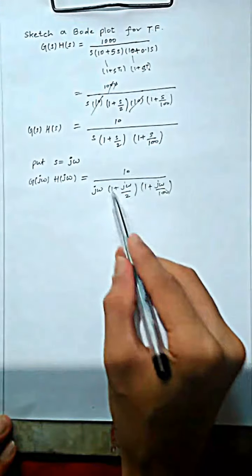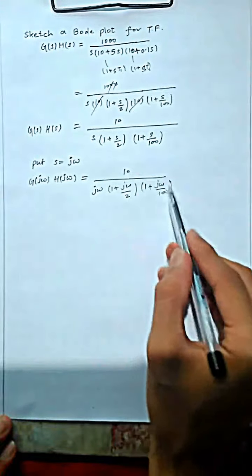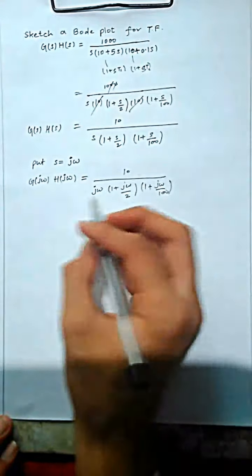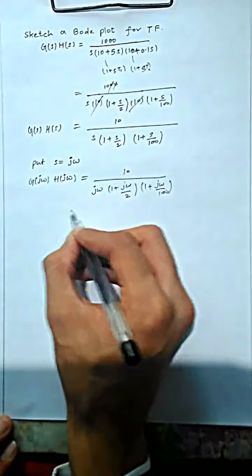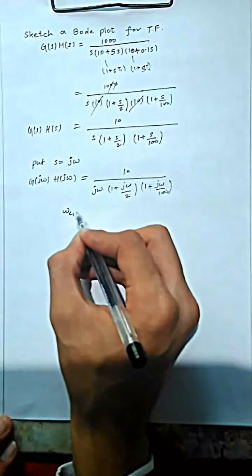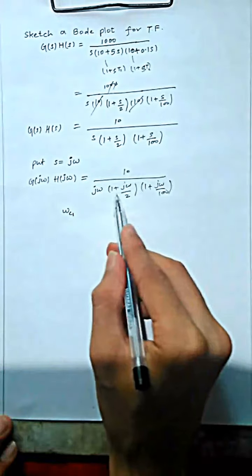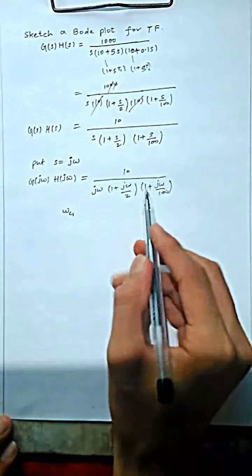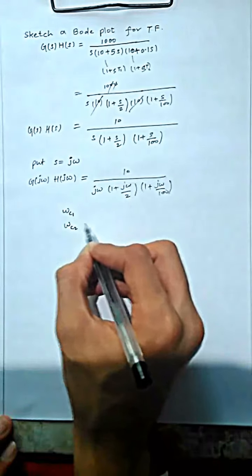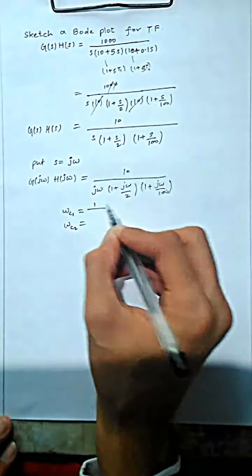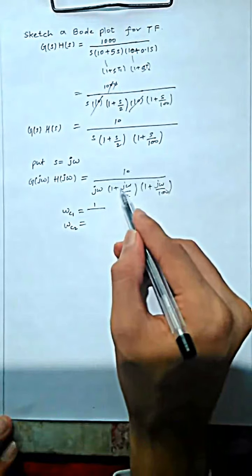From terms like these, 1 plus j omega by 2 and 1 plus j omega by 100, the new term we get is called the corner frequency. We write it as omega C1. Since there are two terms like this, we will get two corner frequencies, equal to 1 divided by the coefficient of j omega.